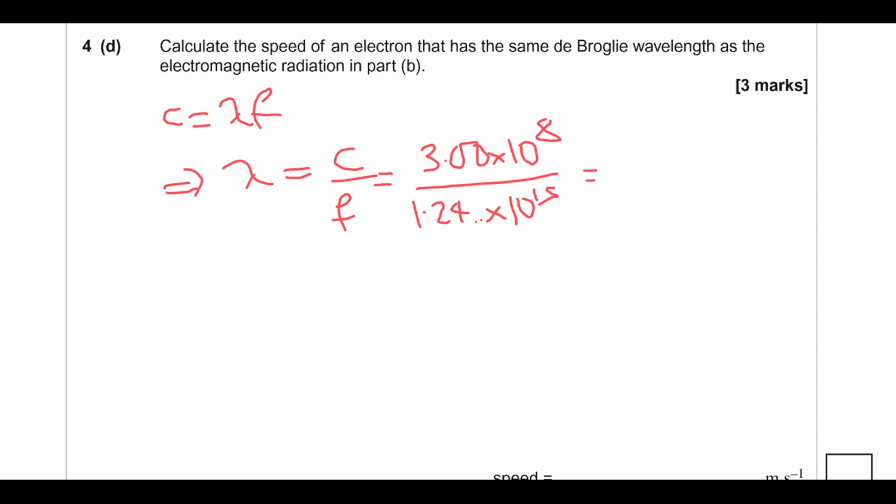So let's calculate that. 3 times 10 to the 8 divided by 1.24 times 10 to the power of 15. And that gives us a wavelength of 2.41. I'm not going to round this. I'll keep it in my calculator, but it's just so you know what I've got. So that's your wavelength.